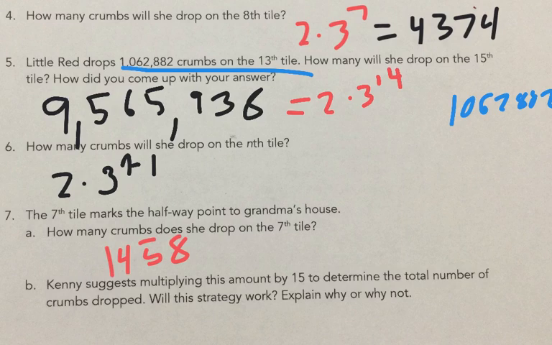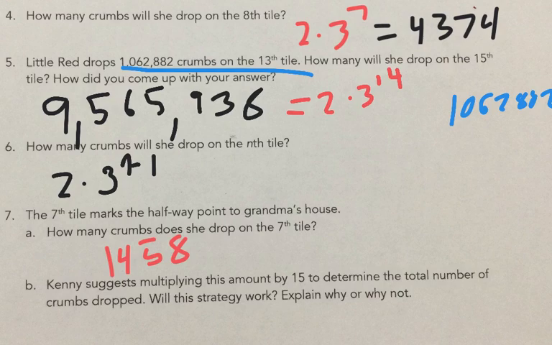Why doesn't it work? That's it. The change in the number of crumbs from one tile to the next is not constant. It's not something I add the same thing each time to. I multiply the same thing each time.